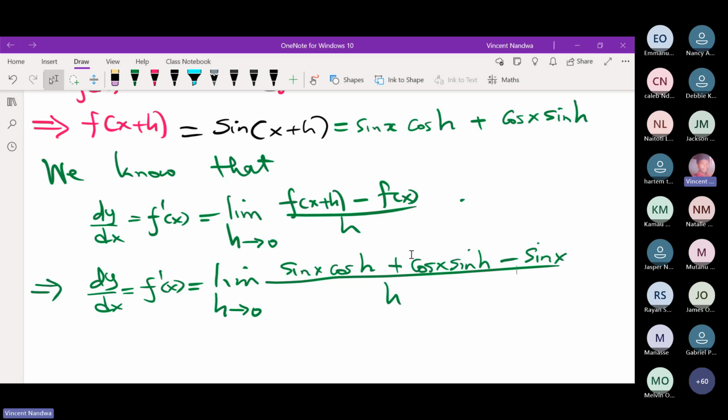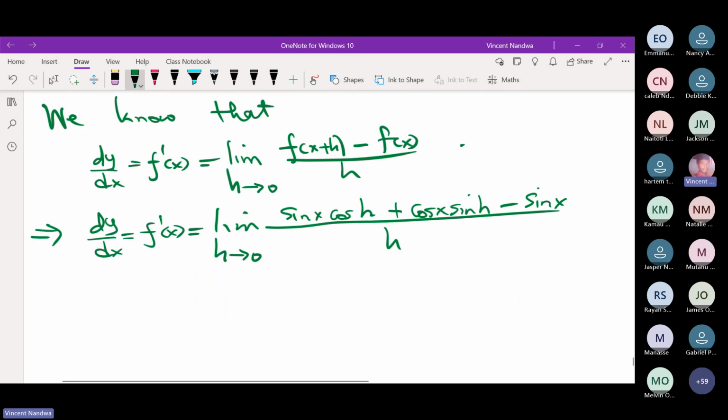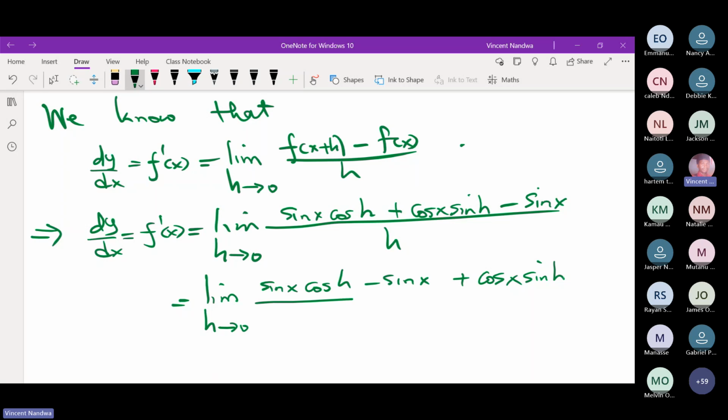Yes. Good. So what we do now, we have three terms. Let's bring terms which have sine x together. So I can write this as the limit as h approaches 0 of sine x cos h minus sine x, then plus cos x sine h, divided by h. I hope you are in agreement that when you have addition of three terms, you can always rearrange them.